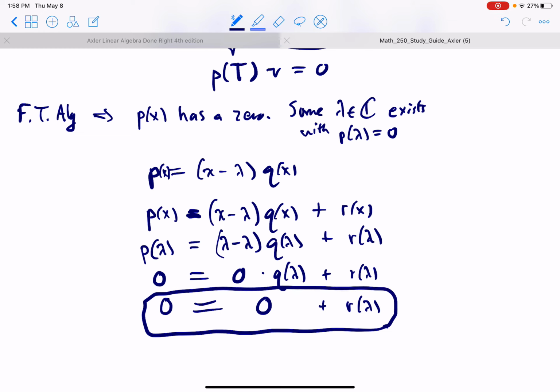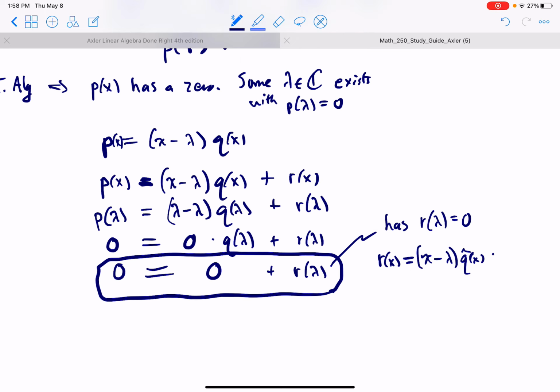And if that's true, then by induction on the degree of the polynomial, remember in the division algorithm, when we divide a polynomial by something else, the remainder has strictly less degree. So then r of lambda equals 0. So then we can divide the polynomial r of x by x minus lambda, and get some other q tilde of x plus a remainder, and just repeat the process.